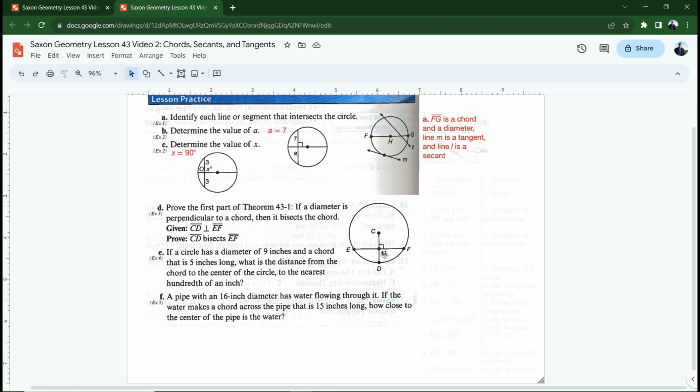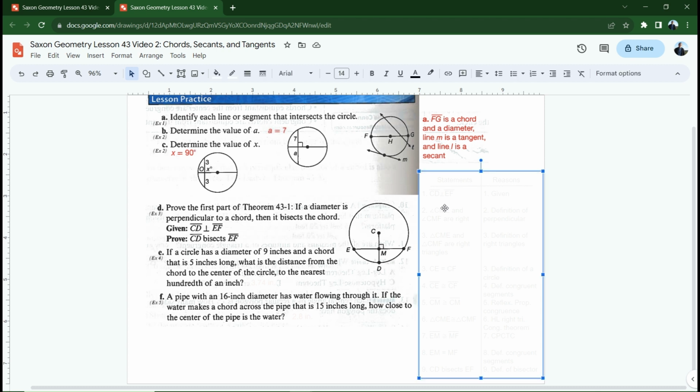And what we're doing in this is we're proving theorem 43.1. If a diameter is perpendicular to a chord, then it bisects the chord. We're not proving the part about the arc because remember there is also that and its arcs. We're not going to prove that. We're just going to prove the chord for now.